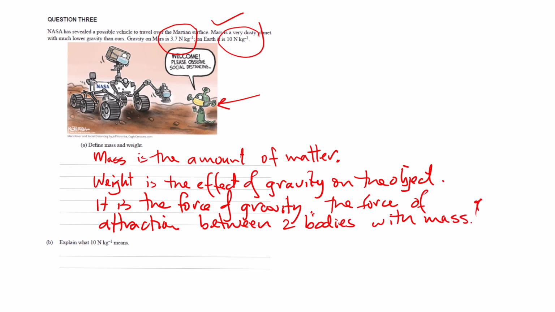Explain what 10 newtons per kilogram means, the symbol here, 10 N kg^-1. Sometimes people used to write it newtons per kilogram. In this case, it is 10 newtons per kilogram.